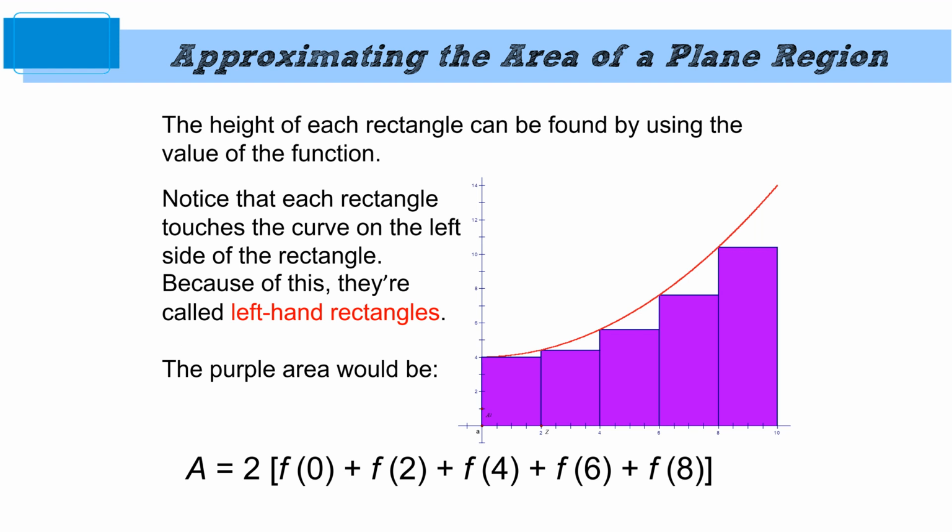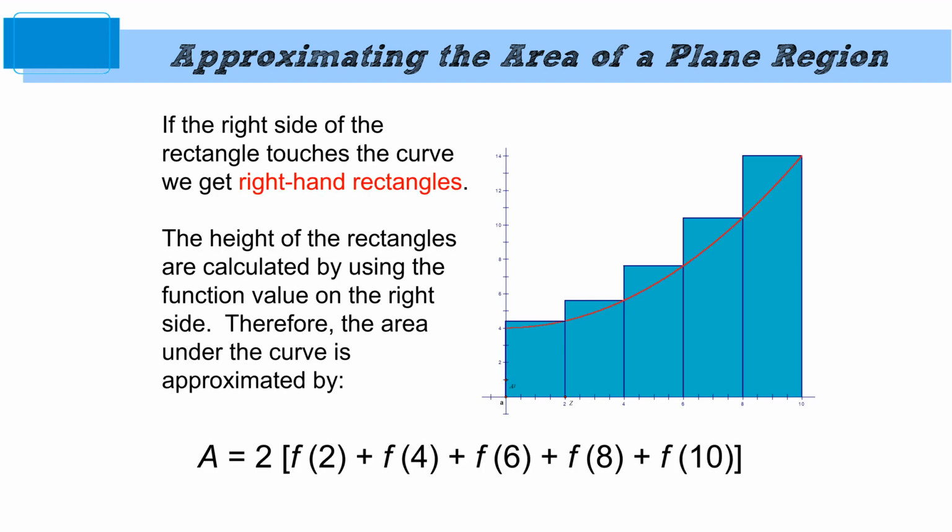Notice the purple one starts at F of 0 and ends at F of 8. And because there's 5 rectangles, there's 5 of these. The blue one starts at F of 2 and goes up to F of 10. It has to do with which side of the rectangle actually touches the function. The number of these F of things has to match the number of rectangles.